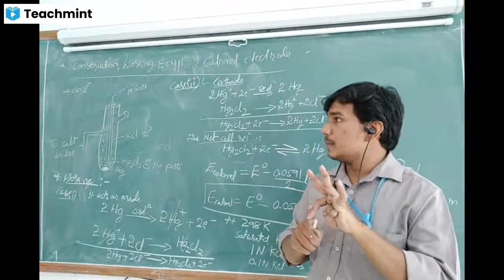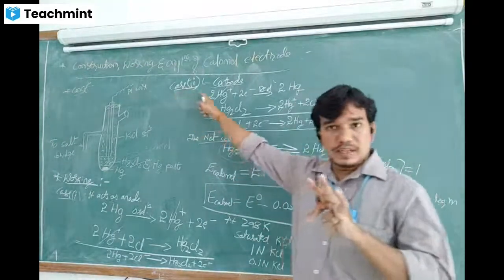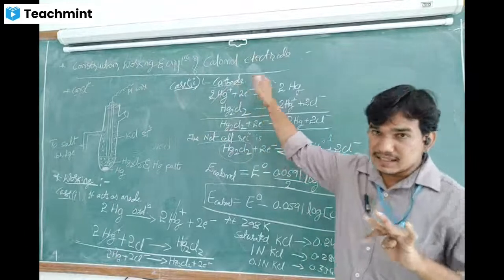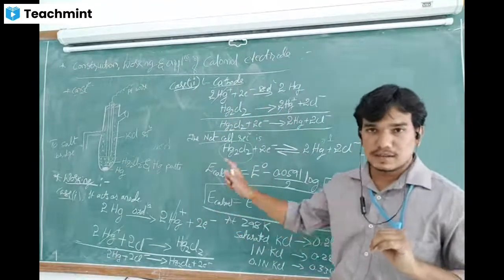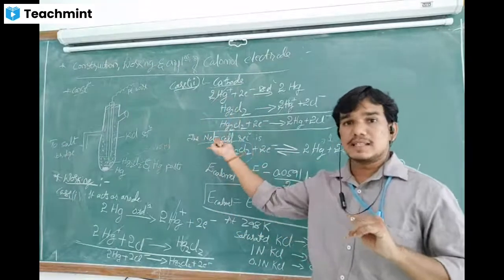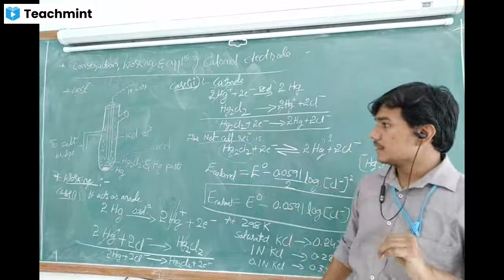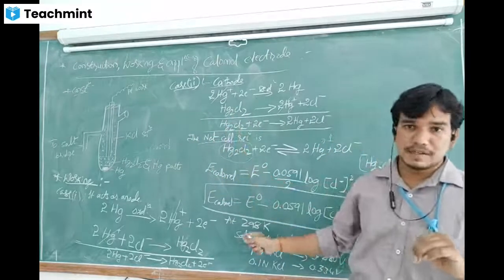The second, B question, will be to explain the construction, working and applications of either the calomel electrode or the glass electrode. They will ask any one, either calomel electrode or glass electrode. So you have to explain the construction, working and applications.